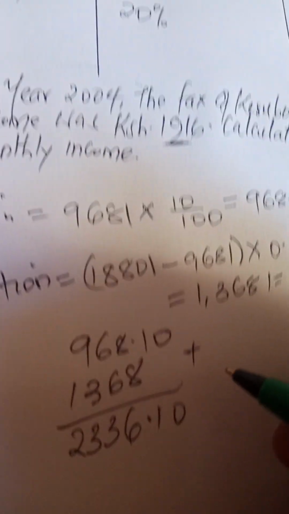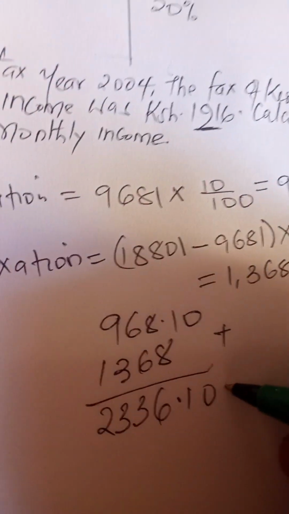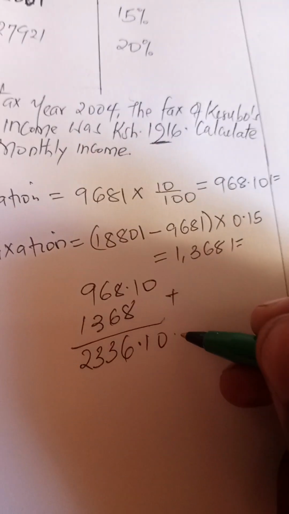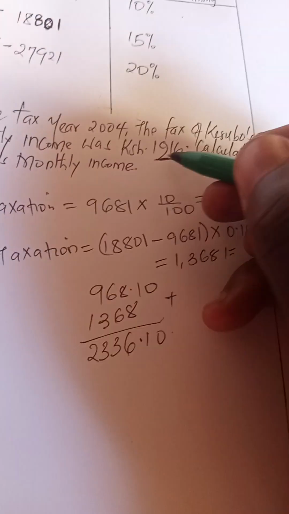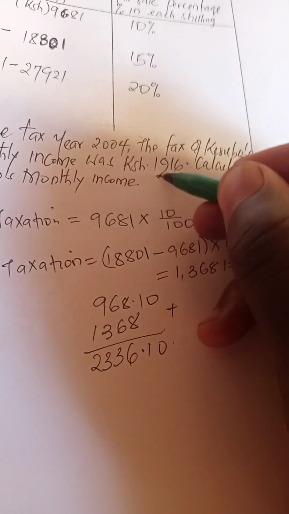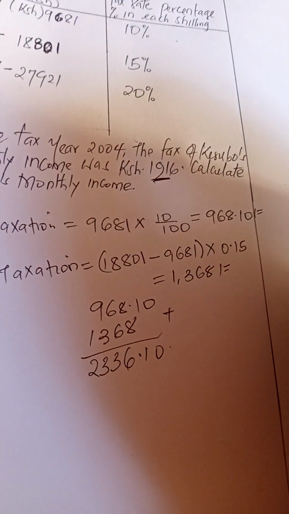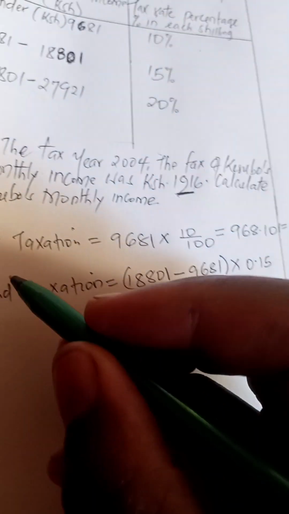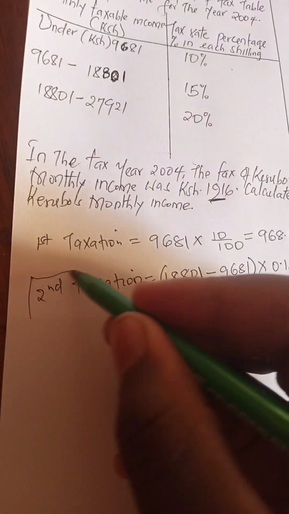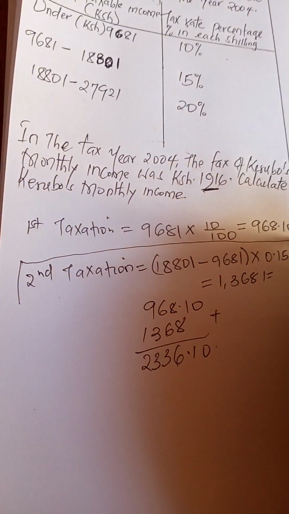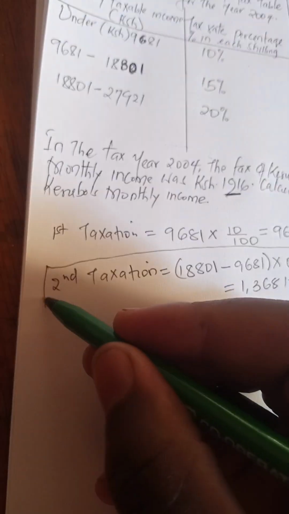We realize that this value, 2,336, has gone beyond the tax that Kerubo paid during that year. So we shall not include the second taxation.